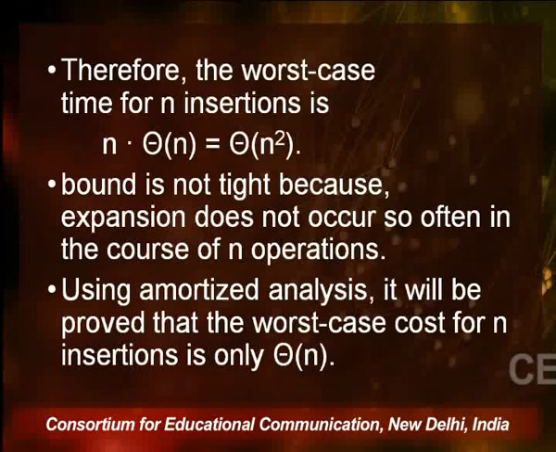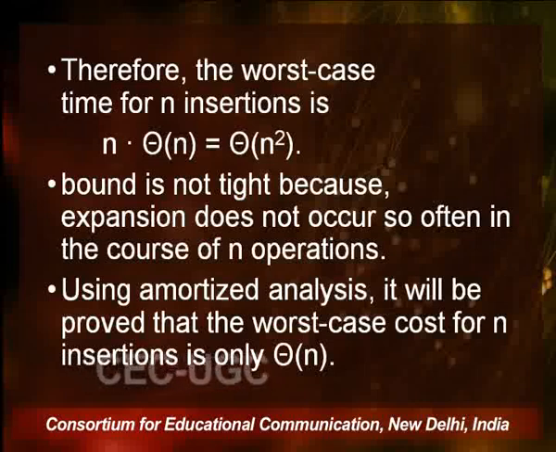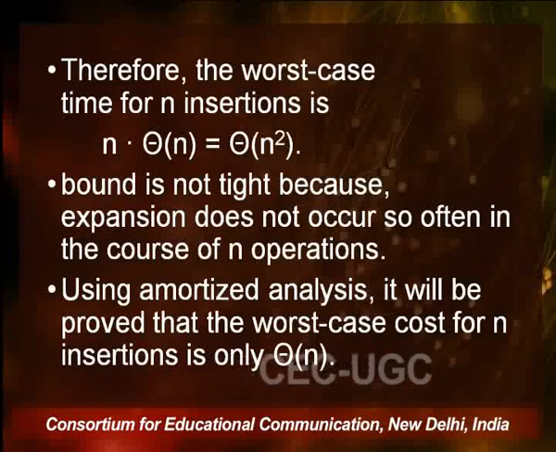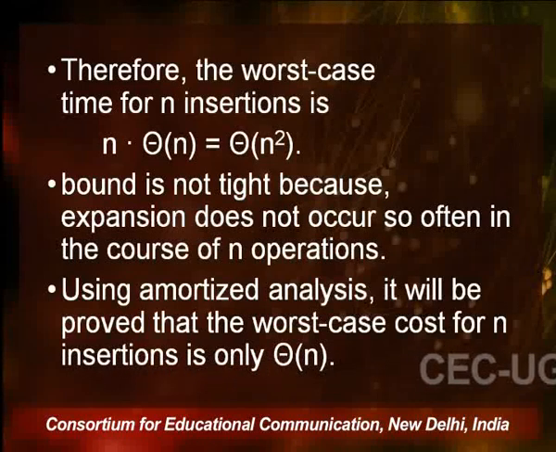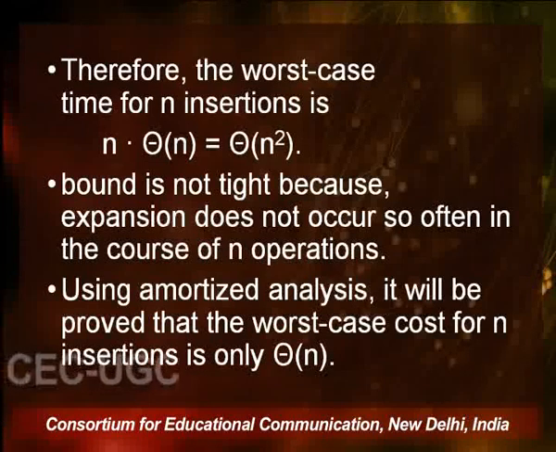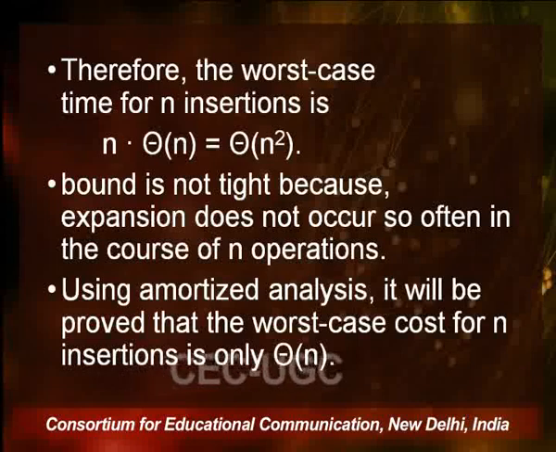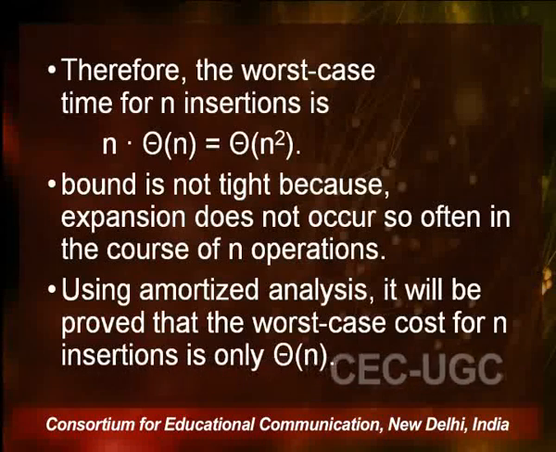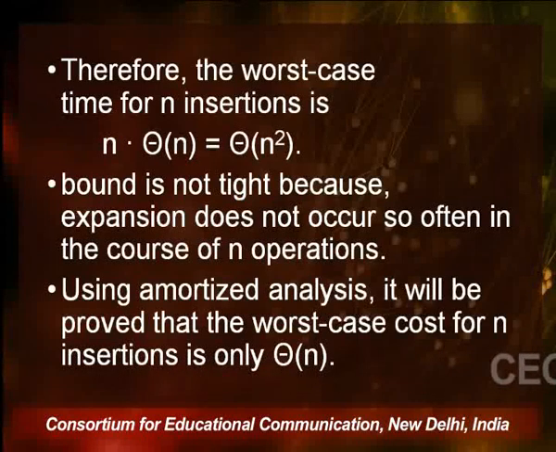So n multiplied by theta n gives a quadratic factor in n, which is theta n square. This analysis is fine, and the bound is also correct. So theta n square, a quadratic bound, is a correct one, but the bound is not tight.